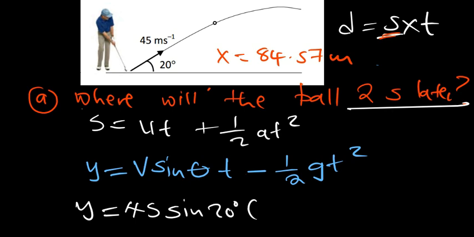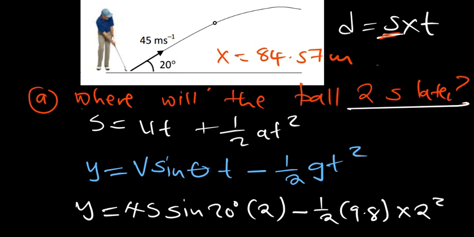The time was 2 seconds minus half 9.8 times 2 squared. This actually makes sense why it's a negative, because we understand as we are going up, we are actually working against gravity. So the velocity should actually be reducing.